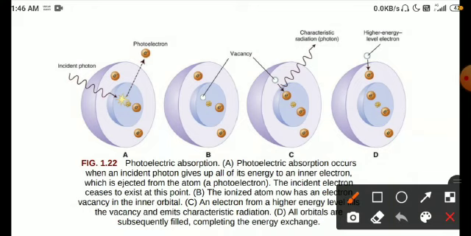Let's study. When an incident photon from the X-ray tube reaches the human tissues, the atoms in the human tissue have this structure.